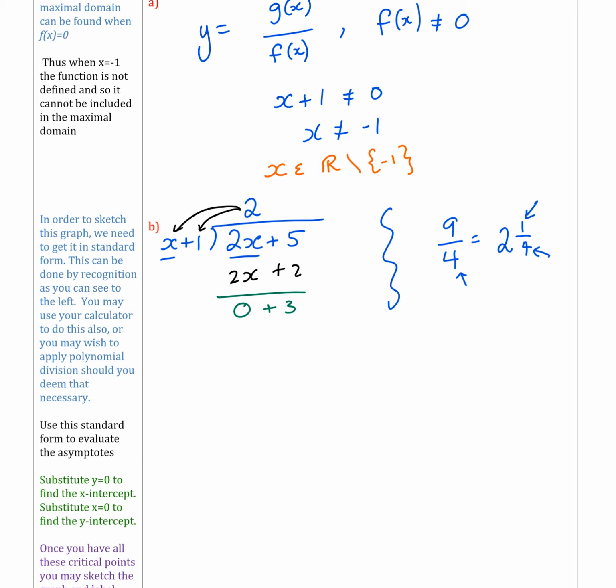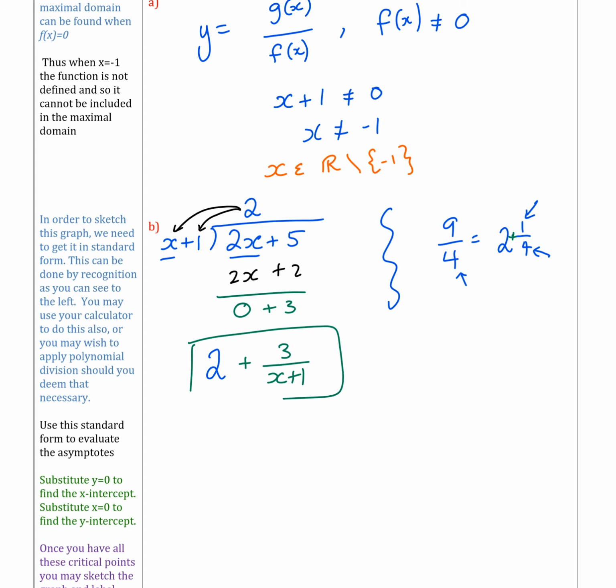Well, in algebra nothing changes there, of course. And so we're going to say that this goes in twice with 3 remainder. So that's how we go about dividing.